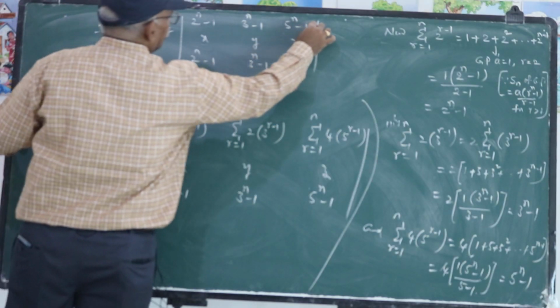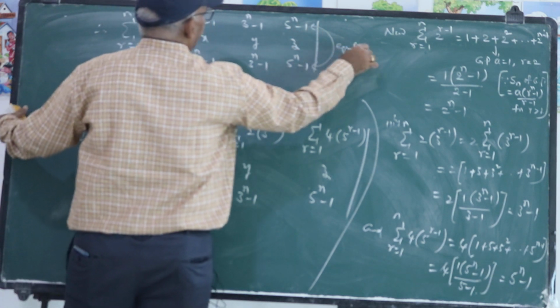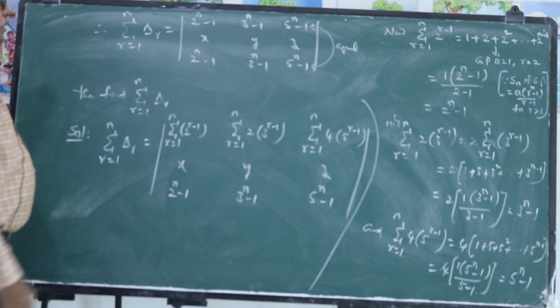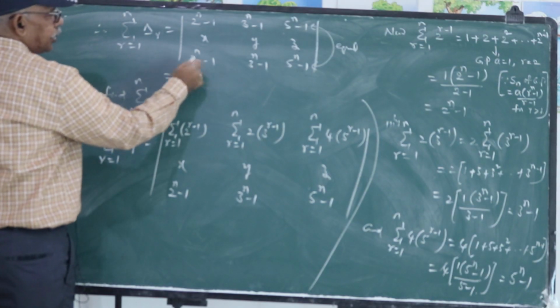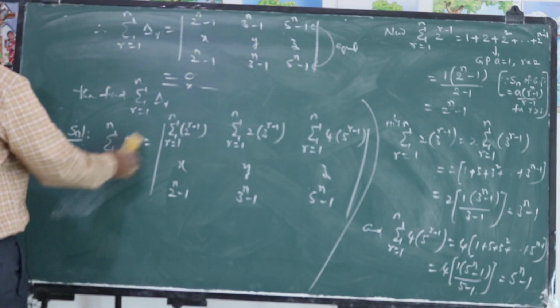Hence these two rows are equal. Once either two rows or two columns are equal, the determinant value becomes 0. Hence the required determinant value is 0.